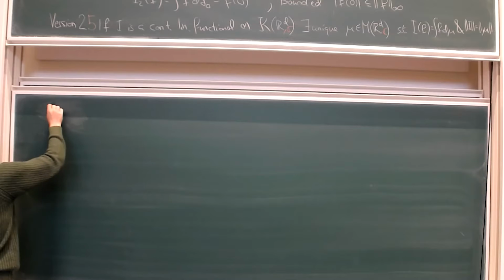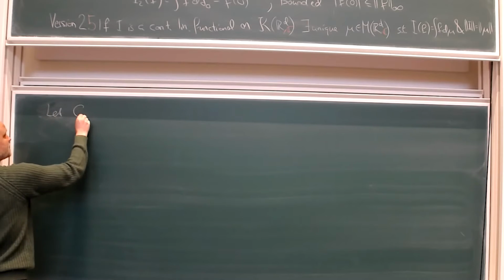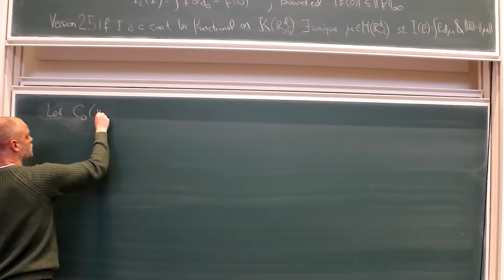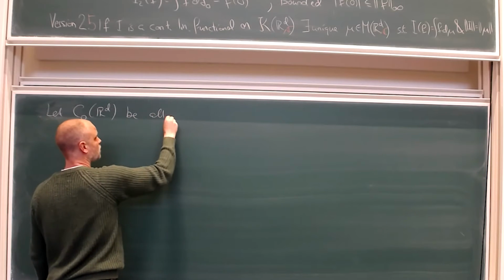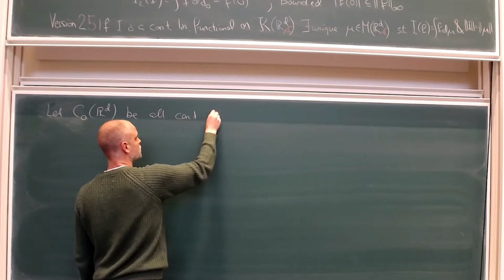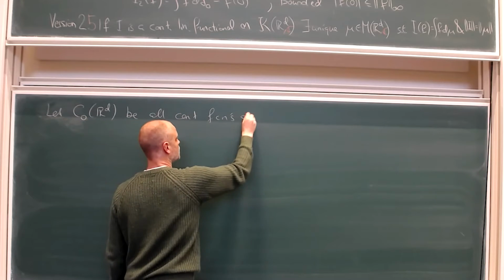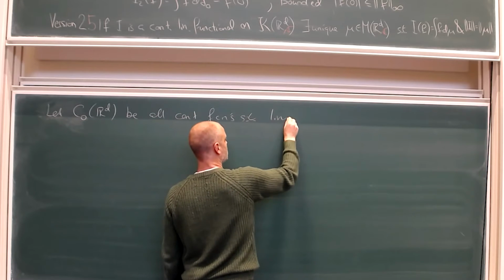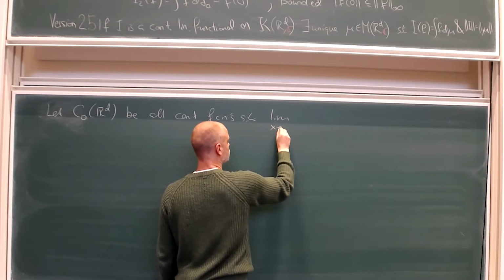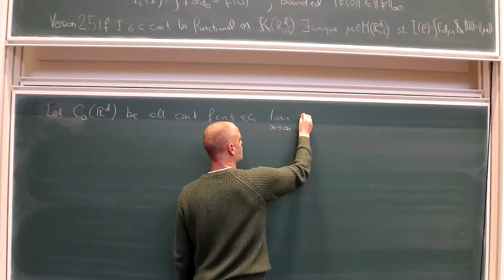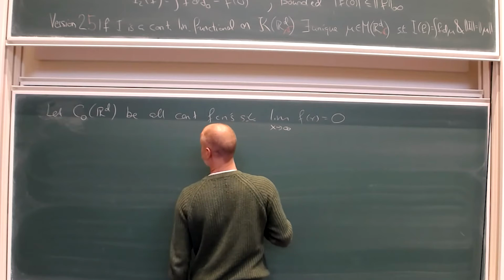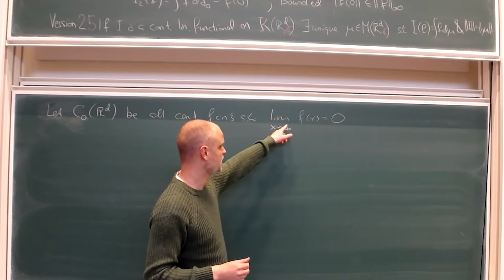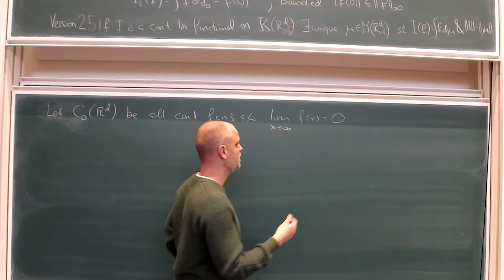So let C0 of Rd be all continuous functions such that the limit as x goes to infinity of f of x goes to 0. Of course, how do we interpret this?